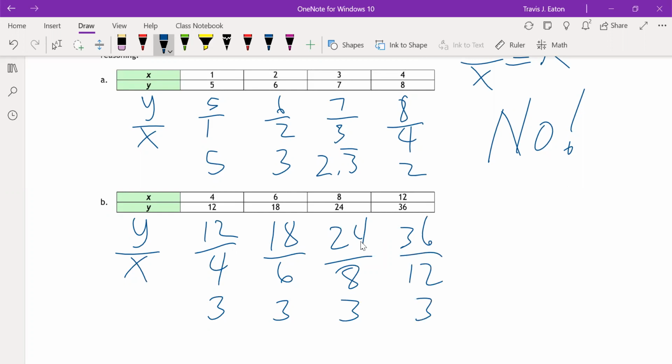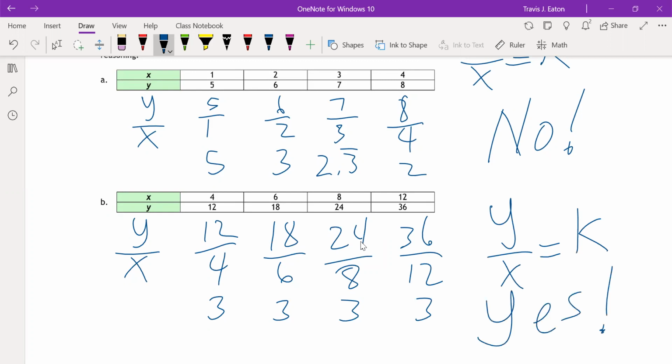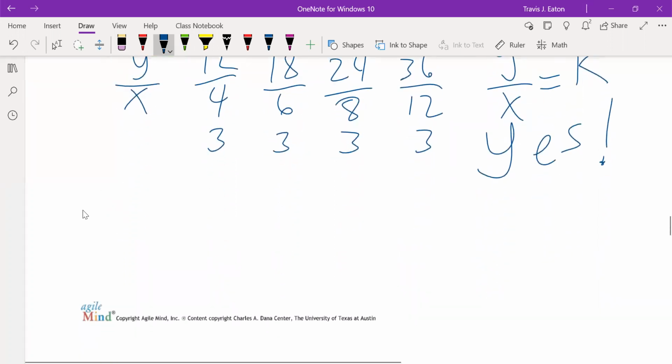Does y divided by x give us a constant? Yes, it does. So that means that we have a proportional relationship here. Because when you divide y by x, if you get the same number every time, the quotient is the same, you have a proportional relationship.